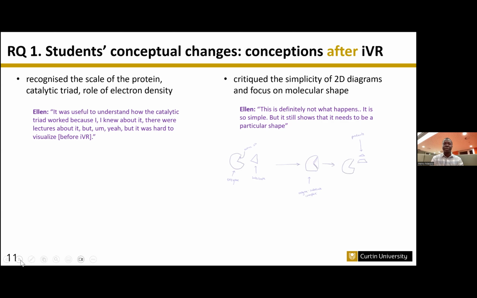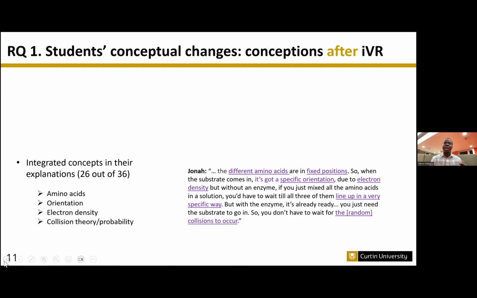Now, we also asked them about the rate of the reaction. Now that you have done the VR activity, why do you think the enzyme reaction is very fast compared to a lab reaction? Students started integrating multiple concepts into their explanations. For example, the relevant amino acids that are taking part, the role of the orientation of the substrate, the role of electron density, and the collision theory.